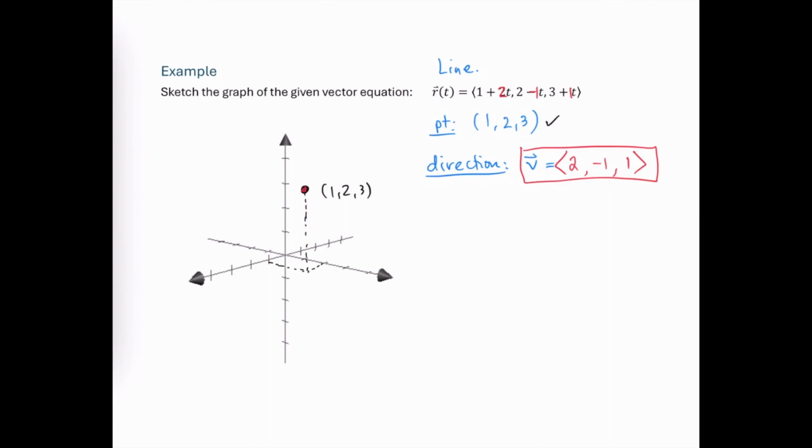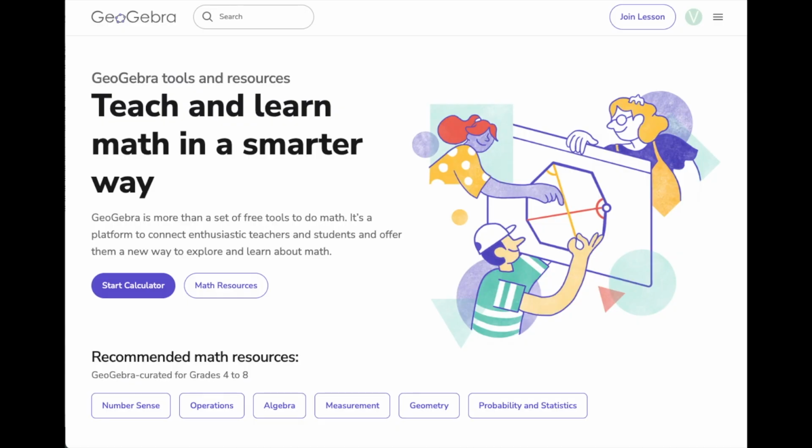So from here, we'll go 2 in the direction of x, -1 in the direction of y, so out this way, and then +1 in the direction of z, and that gets me to another ordered triple that is on this line in three-dimensional space, and we'll do our best to just connect these two dots here to get our line L.